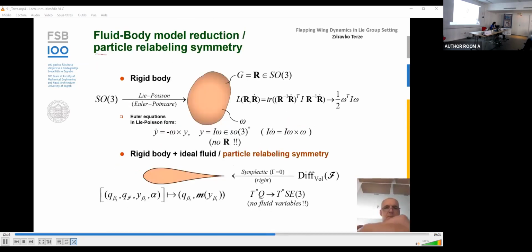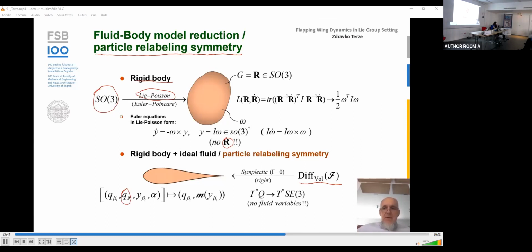Now, we will apply particle relabeling symmetry to the coupled problem. In the same way, like in the context of rigid body rotational motion, Lie-Poisson reduction reduces out rotational variables because SO3 group acting from the left act on them. Volume-preserving diffeomorphism acting from the right on the coupled problem reduces out fluid displacements.